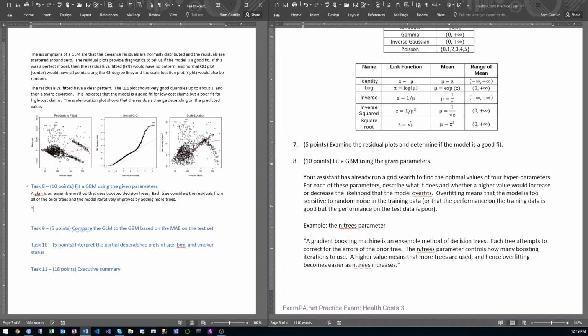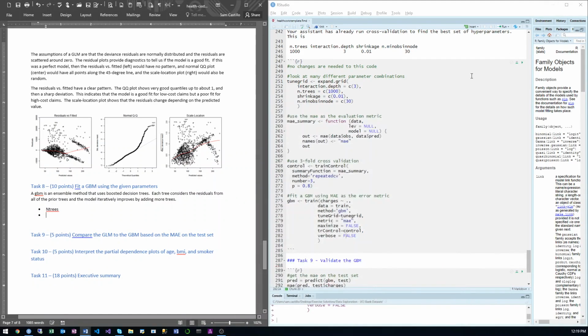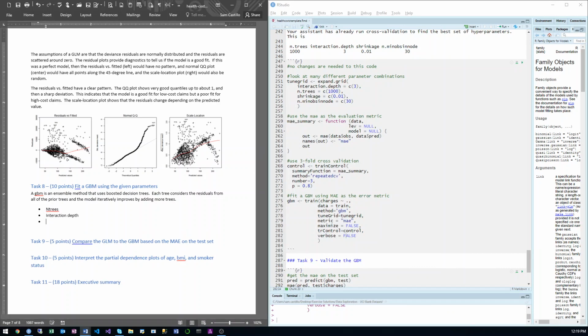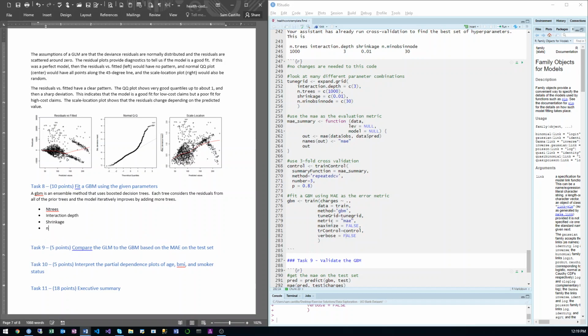So the parameters are entries, interaction depth, shrinkage, and n.minobs in node.